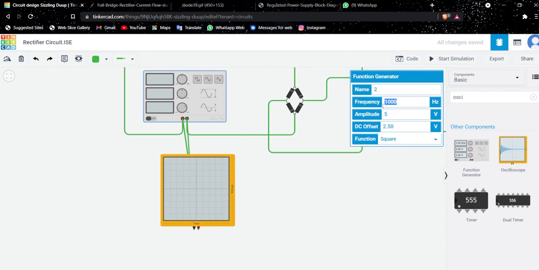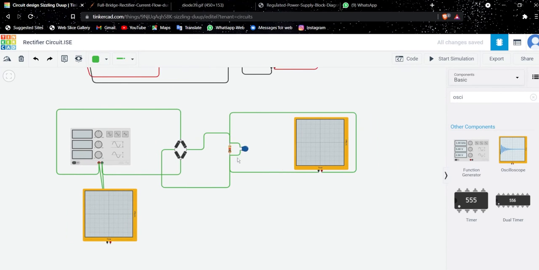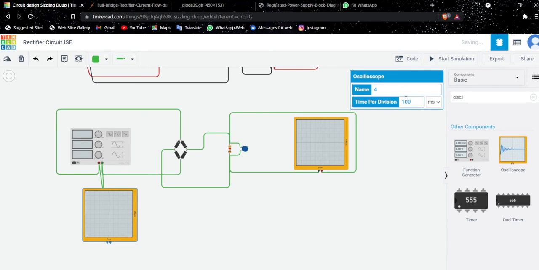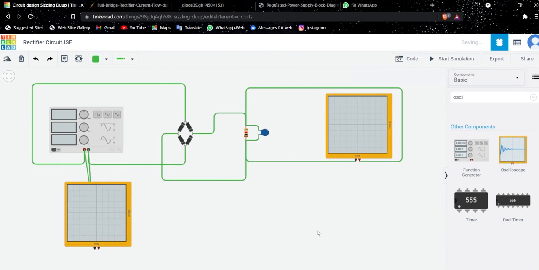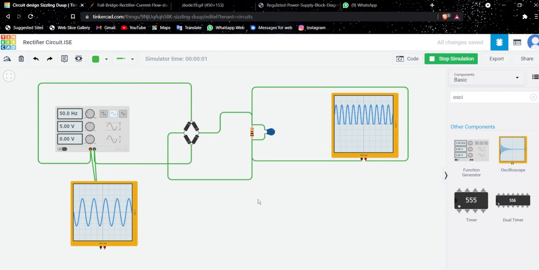Now we change it to the same 50 Hz, 5 volt amplitude, 0 DC offset and sine wave, and 10 milliseconds. Now we observe the output. So here you can see this is the positive cycle, this is the negative cycle, but all the cycles are positive here, only positive.